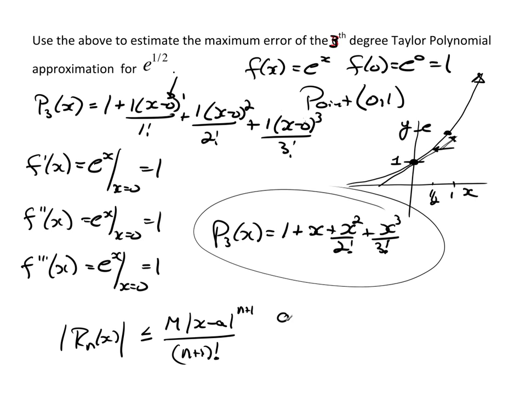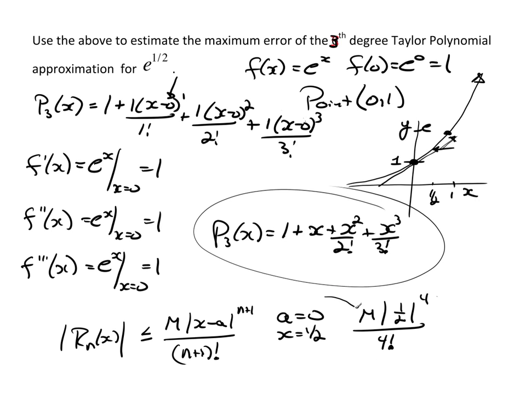And here I know that a equals 0 and x equals 1/2. So what I end up with is M times the absolute value of 1/2 to the n plus 1, and n was 3, so n plus 1 is 4, over 4 factorial.